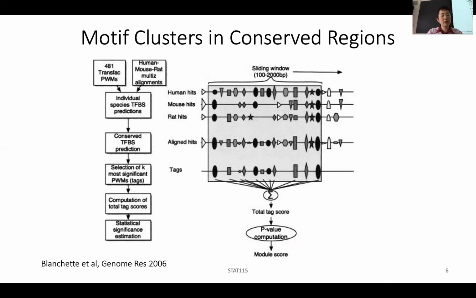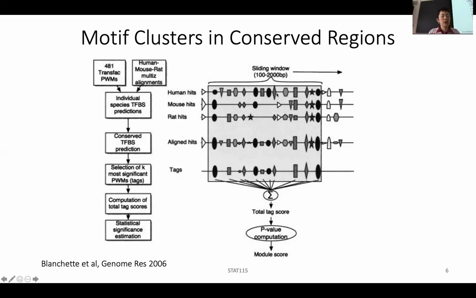In this particular study, they were looking at a 100 to 2000 base pair long region. But very often those modules, we call them a transcription factor module, is usually one or multiple transcription factors binding in a concentrated way within a couple hundred base pair sequence. And that module is very important.